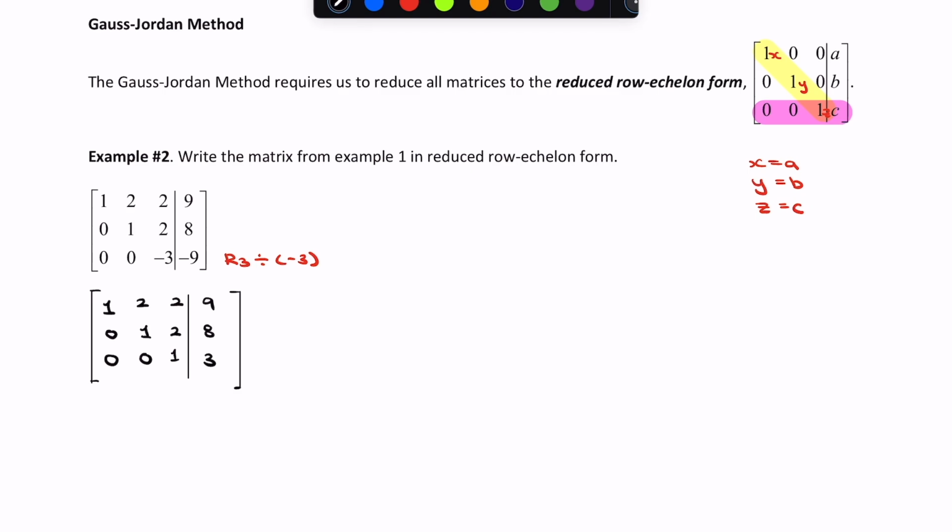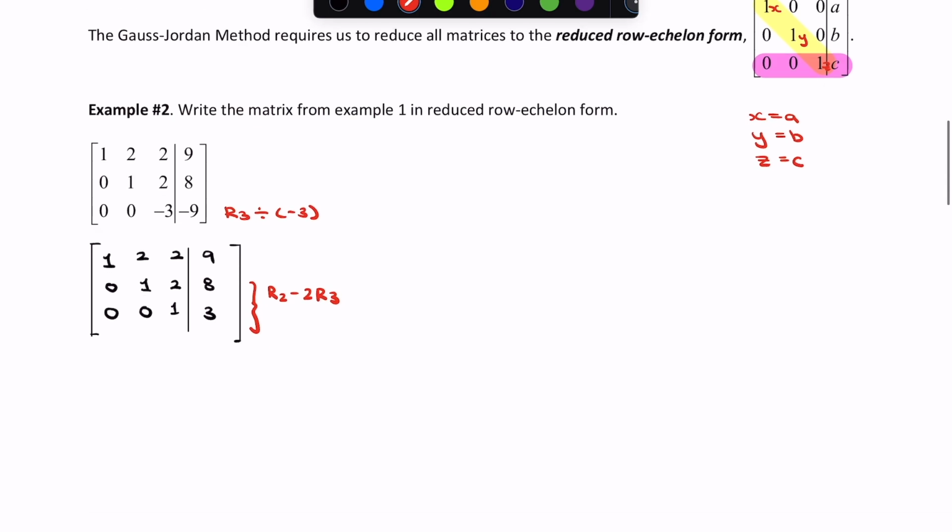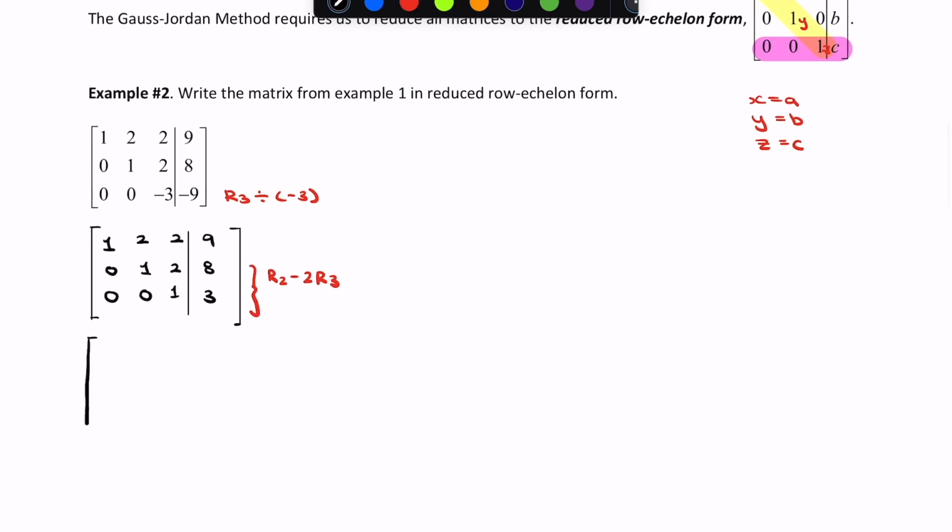From there, again, we can take our row 2 and subtract it by 2 row 3. And so here what we'll be left with is 1, 0, and 0.